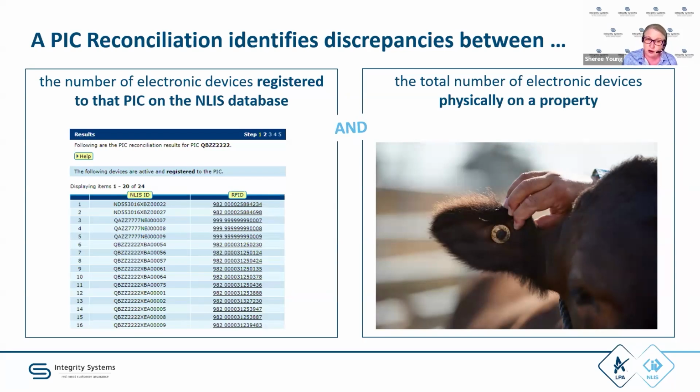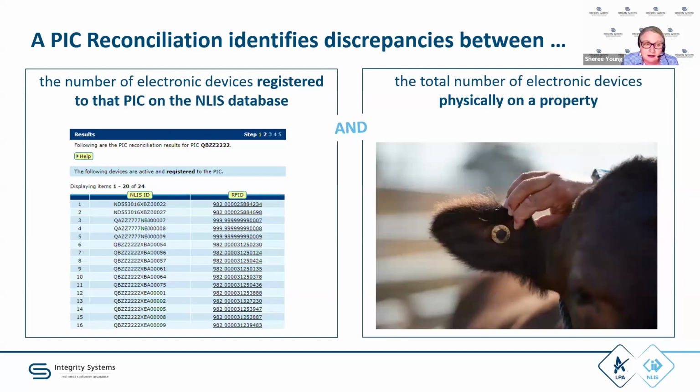When you purchase them, they get registered to your PIC, so they're on there. And then when you do your reconciliation, you can determine the discrepancy between what's on your PIC and what's actually out on your farm in an animal's ear, or what you might have still in the drawer or a cupboard somewhere waiting to be used. So it just gives you that opportunity to see where there might be some gaps.